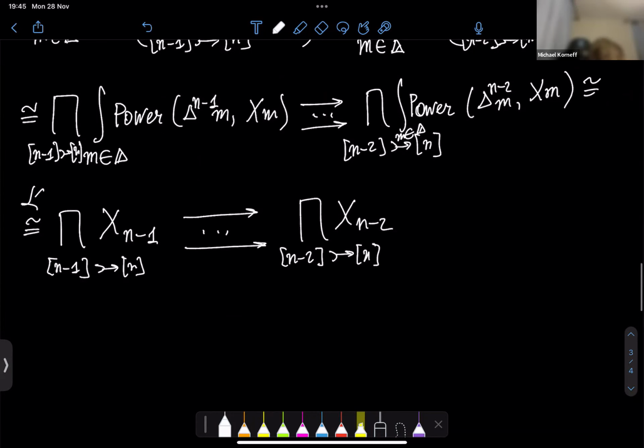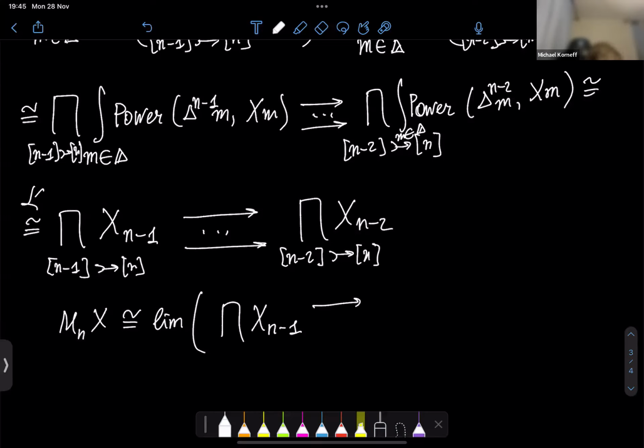So we can see that we have an isomorphism: the matching object is a limit of the following simple diagram.